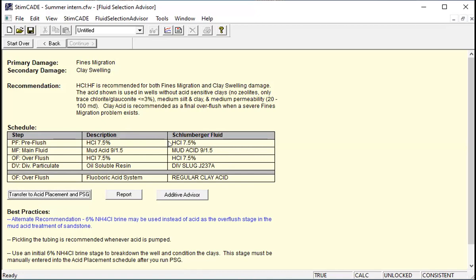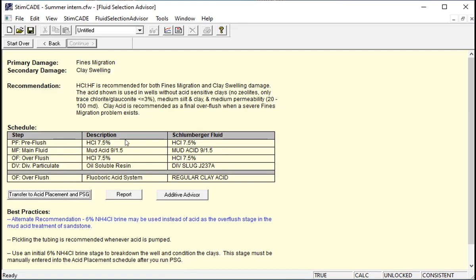Because if they are talking of hydrochloric acid 7.5%, then even if you don't have that, you should have an idea of what you can use in the place of hydrochloric acid that has similar property based on what you have at hand. So when they have given this, it doesn't necessarily mean that they have to use it exactly as it is. They are just giving you an advice of the various acid that you need and the various stages. At the various stages we have our pre-flush, we have the main fluid, overflush, we have the diverting particulate, and then we have overflush again.